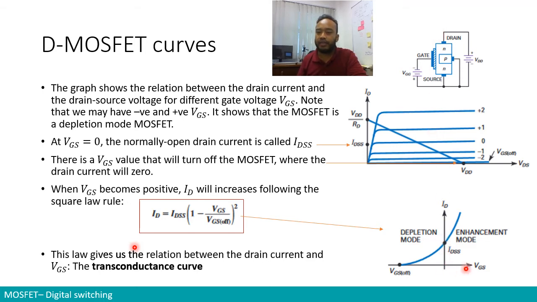And of course if we increase VGS, we are in enhancement mode, meaning we are increasing the size of the channel. So this transconductance curve is very important. It allows you to identify what gate voltage you need to apply to be in enhancement mode or depletion mode, to increase or decrease the channel of your MOSFET. In this case it's the N channel.